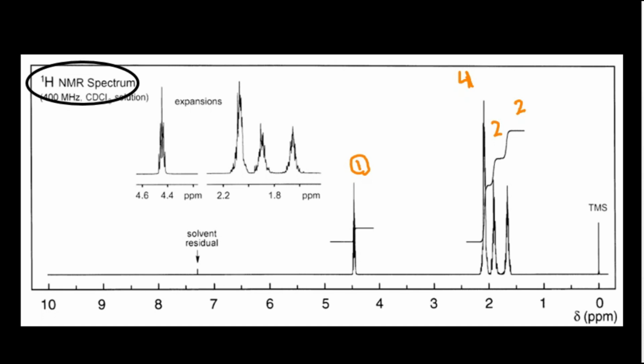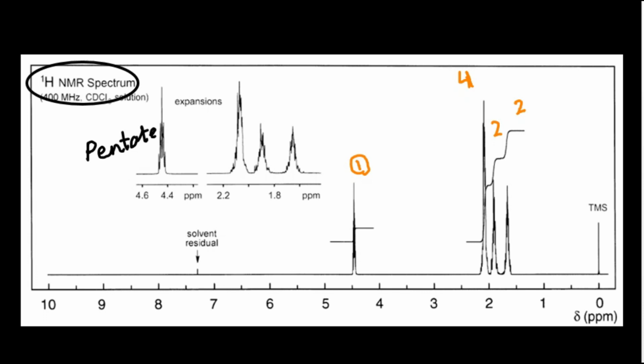The one type of signal in the range of 4.5 ppm, if we see it in the expansion, is a pentet. It means that it is giving the 5 splitting pattern.